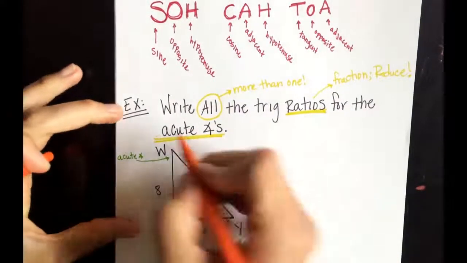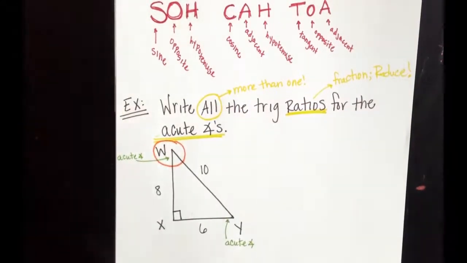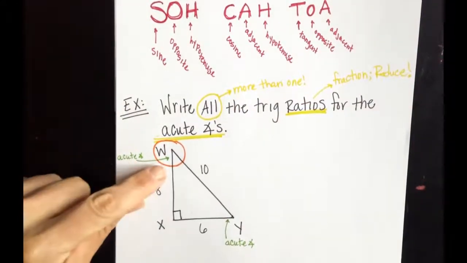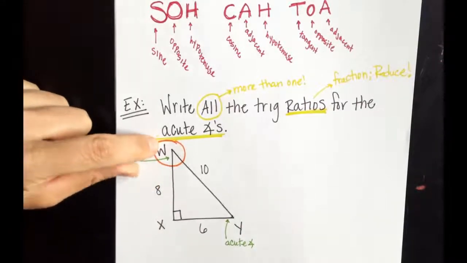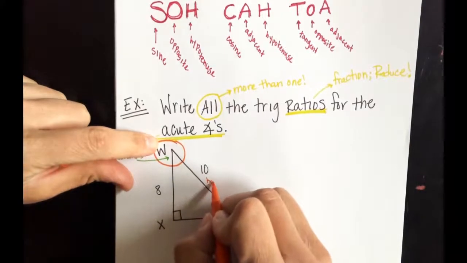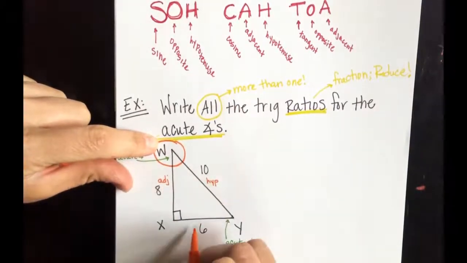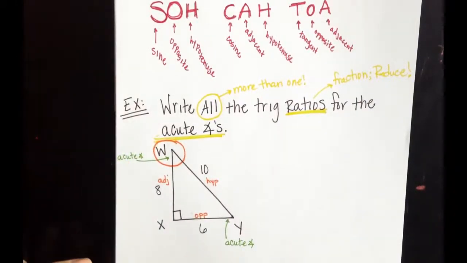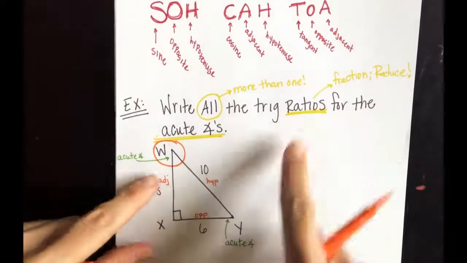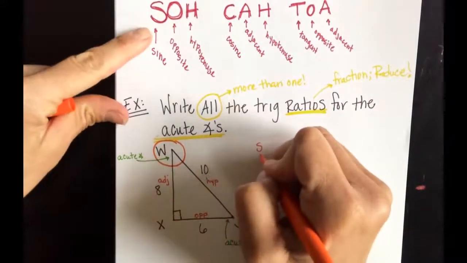I'm going to start with angle W, because it's up top and it's first in the alphabet, and I'm going to circle it. And according to angle W, the perspective that I'm sitting up here at angle W, I have my hypotenuse, the adjacent side, and down here is my opposite side. So when I write the trig ratios according to angle W, the first trig ratio is sine.